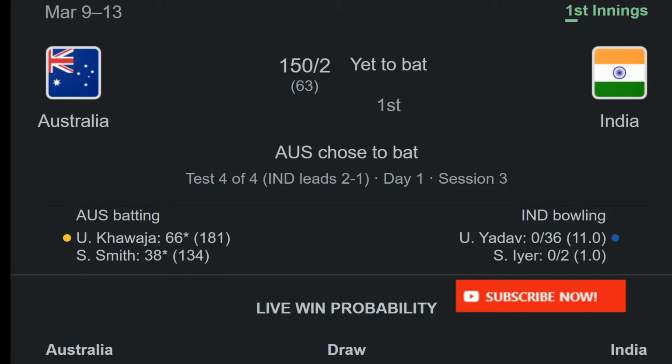Now Ravindra Jadeja will start the new over after tea. 150 for the loss of 2 wickets. Here comes Ravindra Jadeja to Khaja. Khaja placed it towards mid-wicket region, no run.